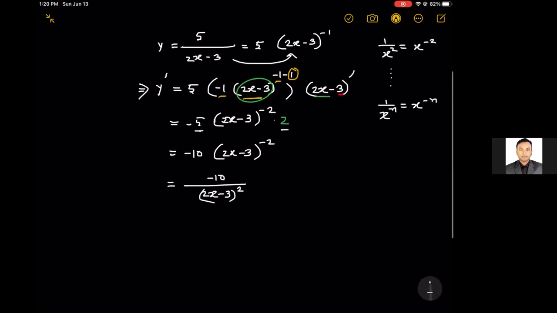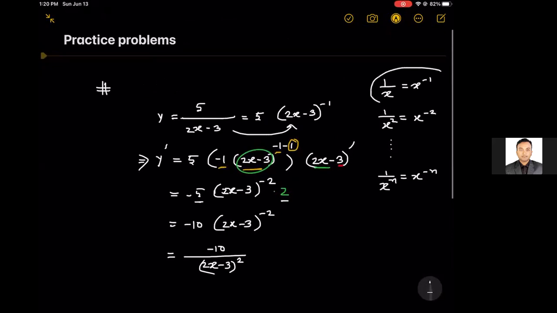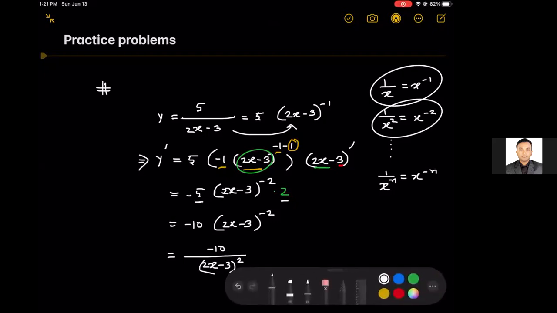I'm just using the same principle here again. Right? So this will be your derivative if you have a fraction like this. All right? Okay, so this is a type of question I wanted to share.